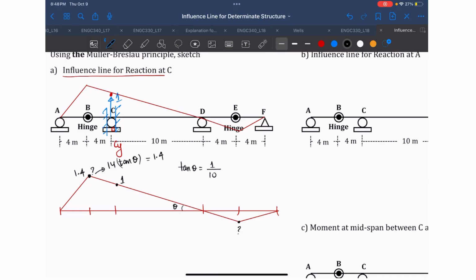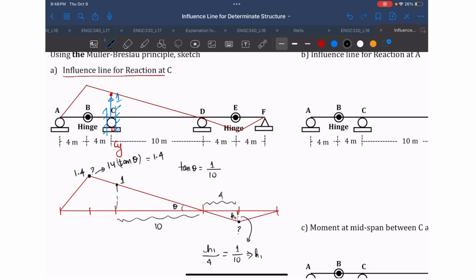And then for this point, all you have to do is use similar triangles. I can use any triangle because this triangle and this triangle are similar. So let's call this one h1. h1 divided by 4, which is this distance, will be equal to 1 divided by 10.